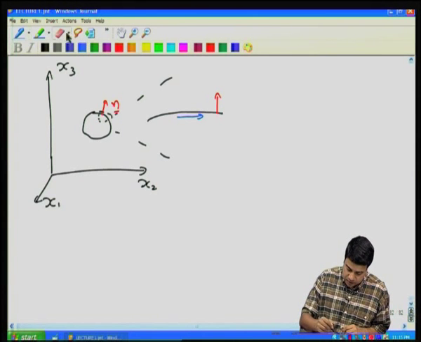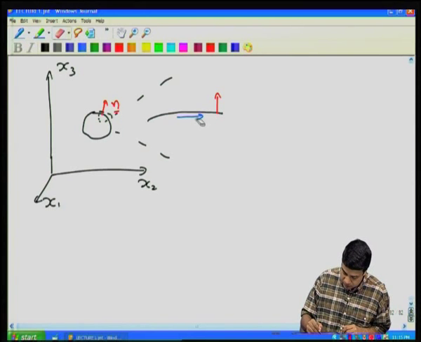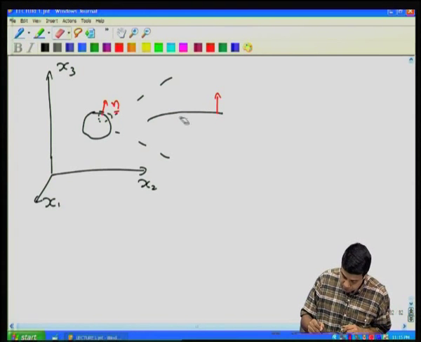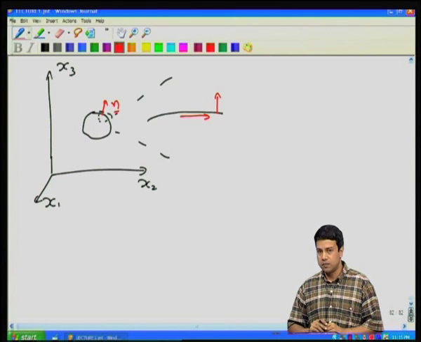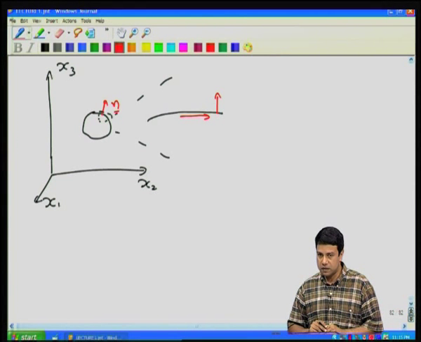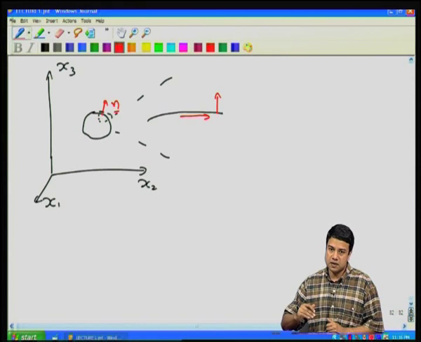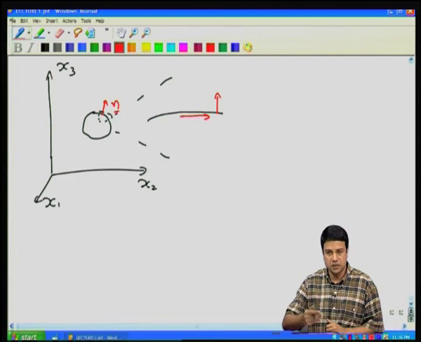Let me just use a red for that. This is the force exerted by the fluid outside on the fluid inside. But we know from Newton's third law that the fluid inside exerts an equal and opposite force on the fluid outside.